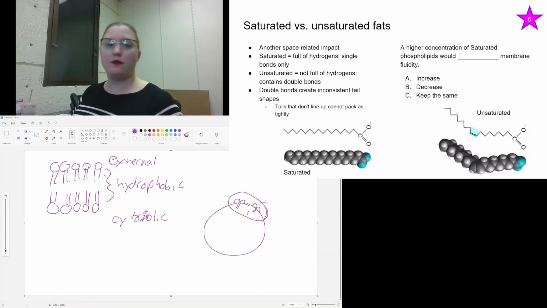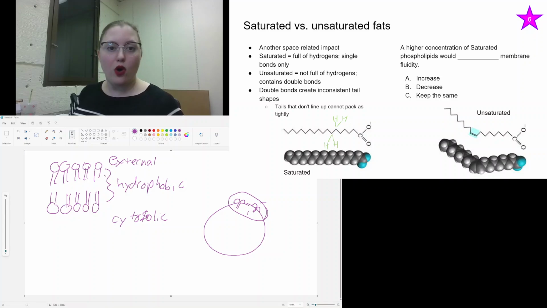And our last factor here is saturated versus unsaturated fats. This is one that you are probably familiar with. So a saturated fatty acid is one that is full of carbons, saturated with hydrogens, right? So carbon can have 4 bonds. 2 of its bonds are going to be taken up by the other carbons, and then it's going to have hydrogens sticking off, okay?